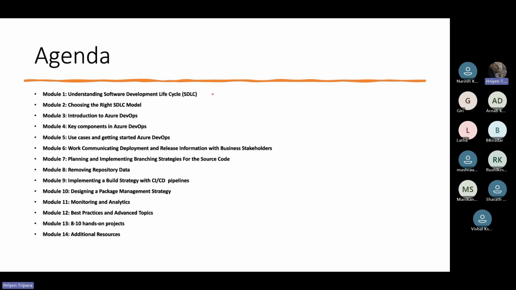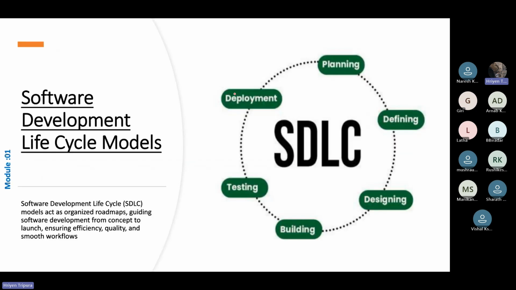As I told you, SDLC is the software development lifecycle. Now, what is the software development lifecycle? We'll see it in our diagram. In the simplest terms, software development lifecycle models act as an organized roadmap guiding software development from concept to launch, ensuring efficiency, quality, and smooth workflows.